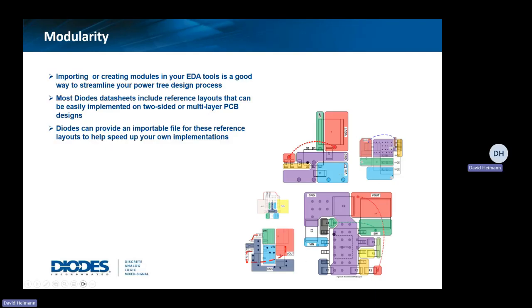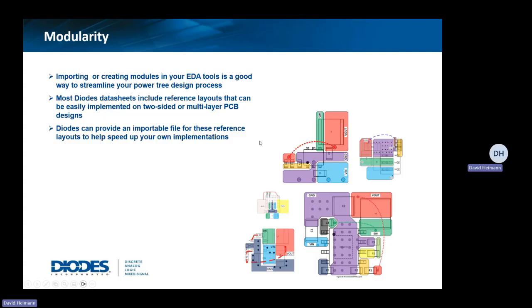If you create these as modules or blocks in your EDA tools, and just bring them in and place them into your designs, it's going to decrease the amount of time you spend, and it's going to help you keep these layouts as efficient as possible from a thermal and EMI standpoint in successive designs, right? So just a good practice. And if you talk to us nicely, I might be able to talk some of our business unit people into getting these for you in Gerber format as well.